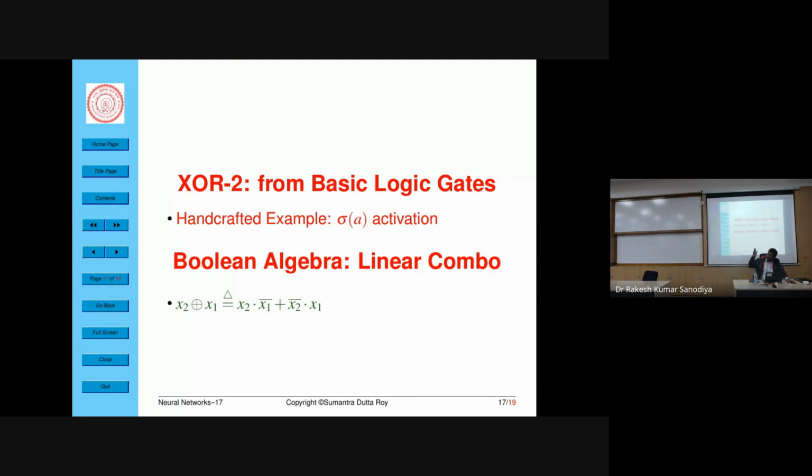So I can either interpret that hidden layer as being a kernel function, or I can interpret it as being a sum of products form. This also tells me a third interpretation: my hidden layer is actually an embodiment of minterms. If I've got n Boolean variables, I've got 2 to the power n minterms.